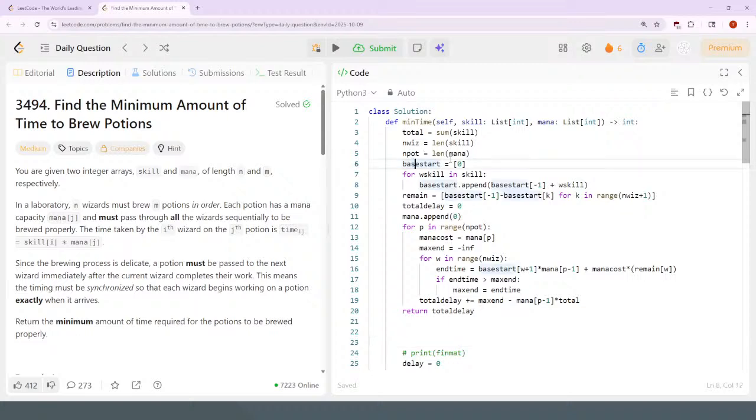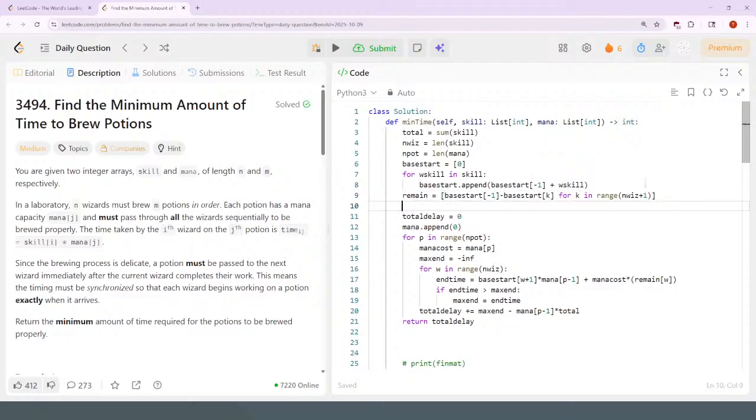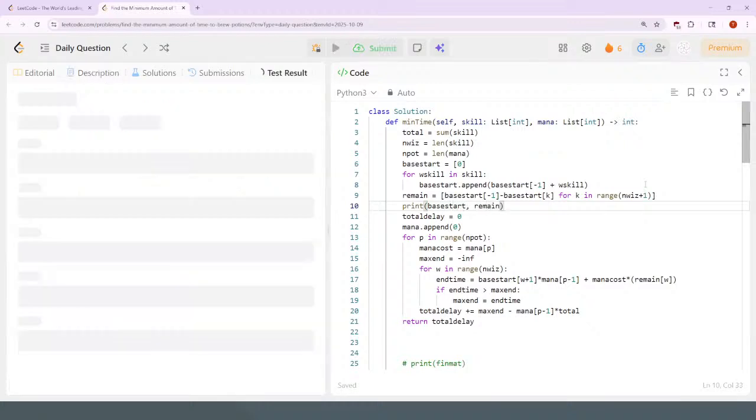I created two base arrays called base start and remain that would give me some baseline values for a 1 mana cost potion. So let me go ahead and print what they look like to explain what's going on.